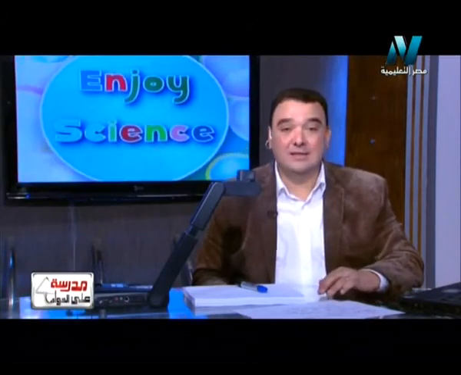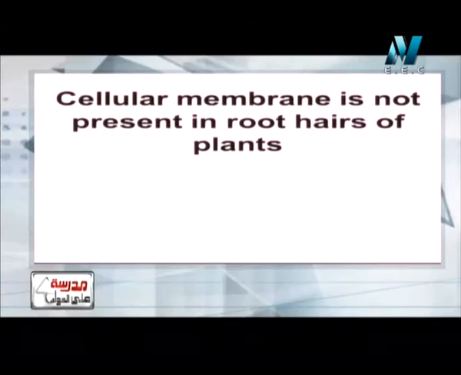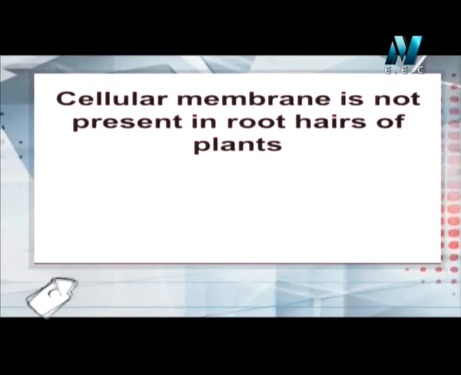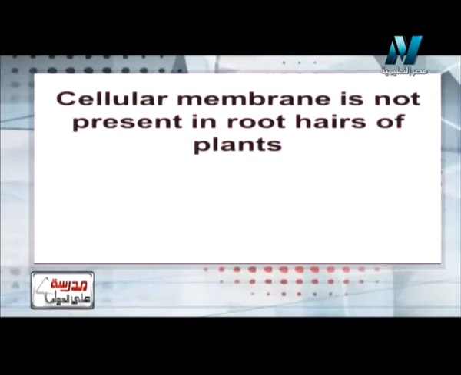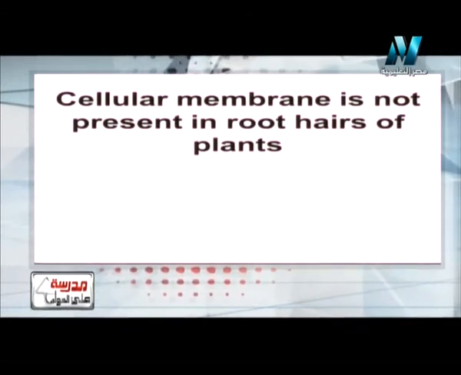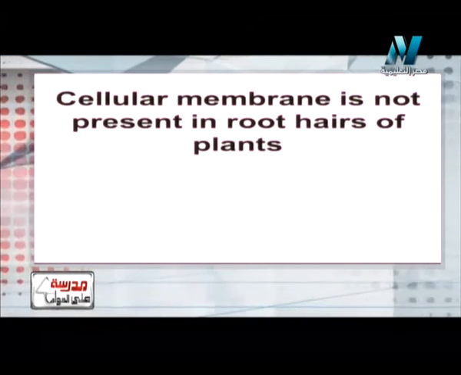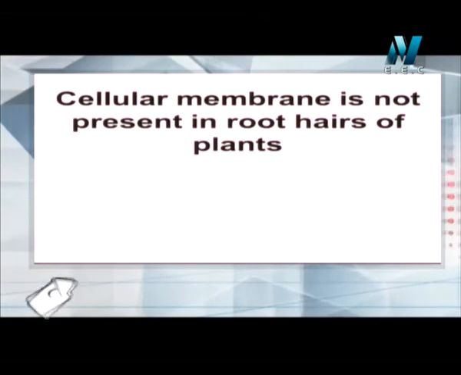Okay, another question. I think this question deals with what we have studied: the cellular membrane is not present in the root hairs of plants. What happens if the cellular membrane is not present in the root hairs of a plant? We know that the cellular membrane controls the passage of substances to and from the plant cell, or the root cells.